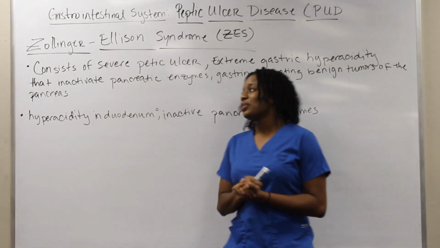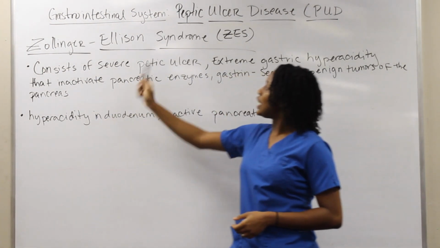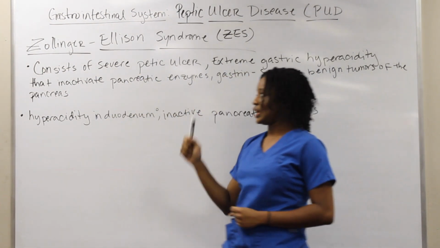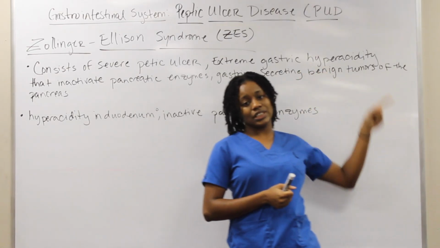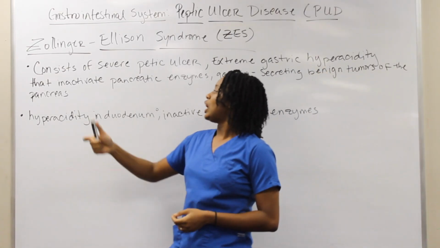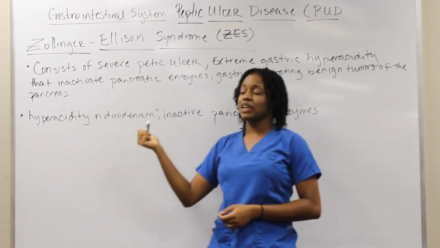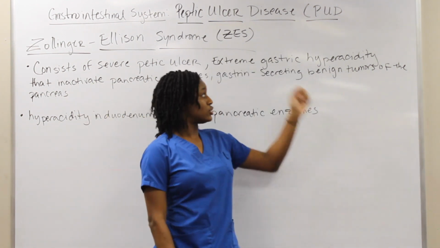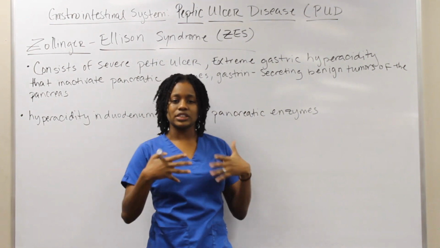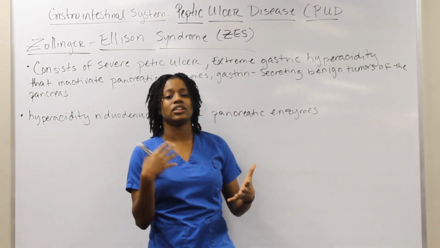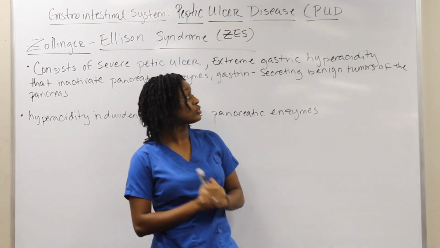Now we have Zollinger-Ellison syndrome, also known as ZES, and ZES is a severe type of peptic ulcer. It happens because of the extreme gastric hyperacidity that inactivates the pancreatic enzyme, and it secretes more of the gastrin hormone that I was telling you about, which constantly increases the gastric acid levels.